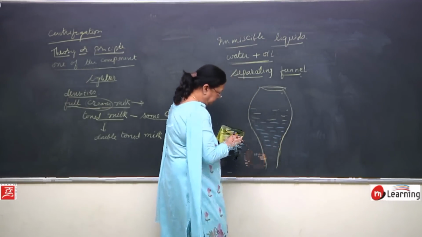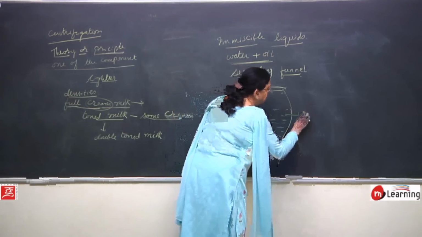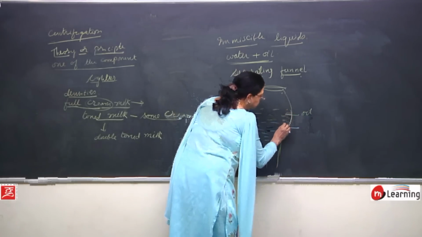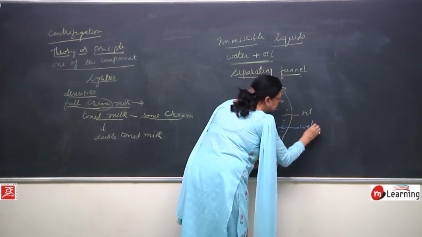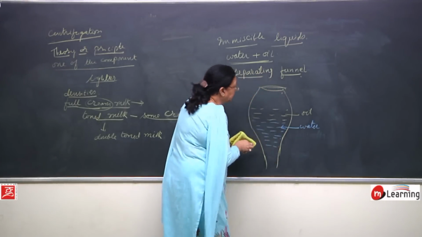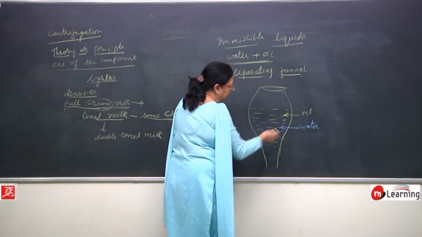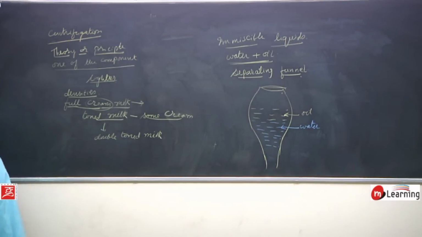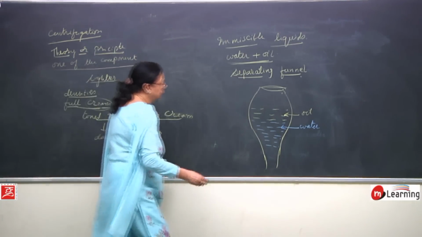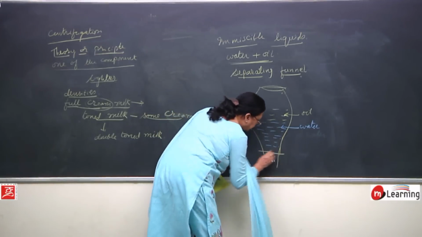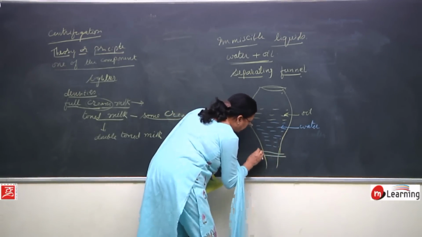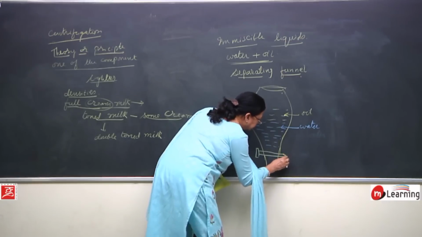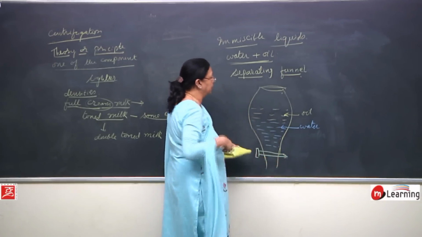Immiscible means this is oil and this is water. You have two different layers of oil and water. Here there is a stopcock. With the help of the stopcock, you can open and you can close it. This is the end of the funnel, right.